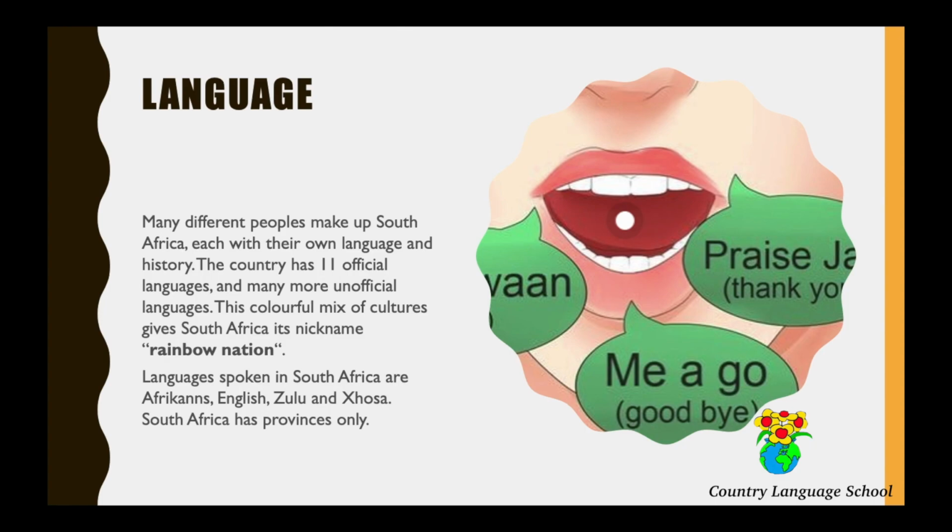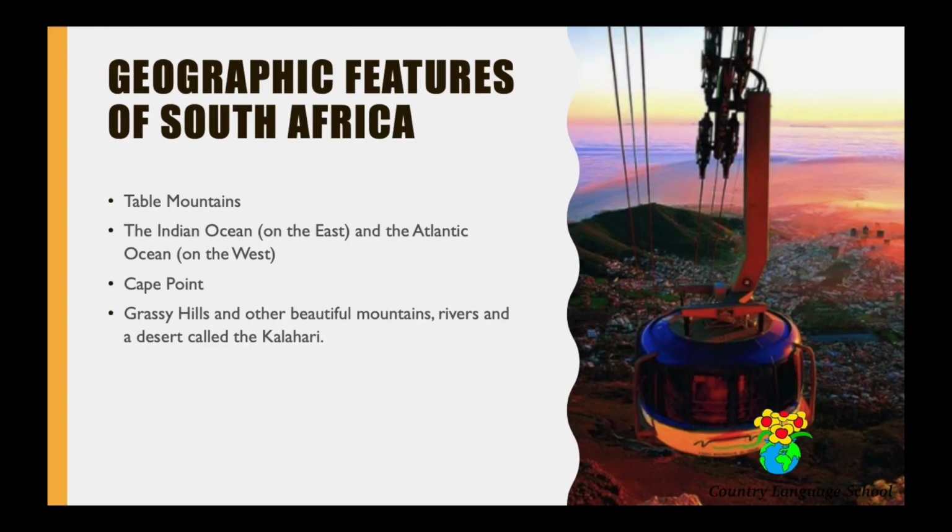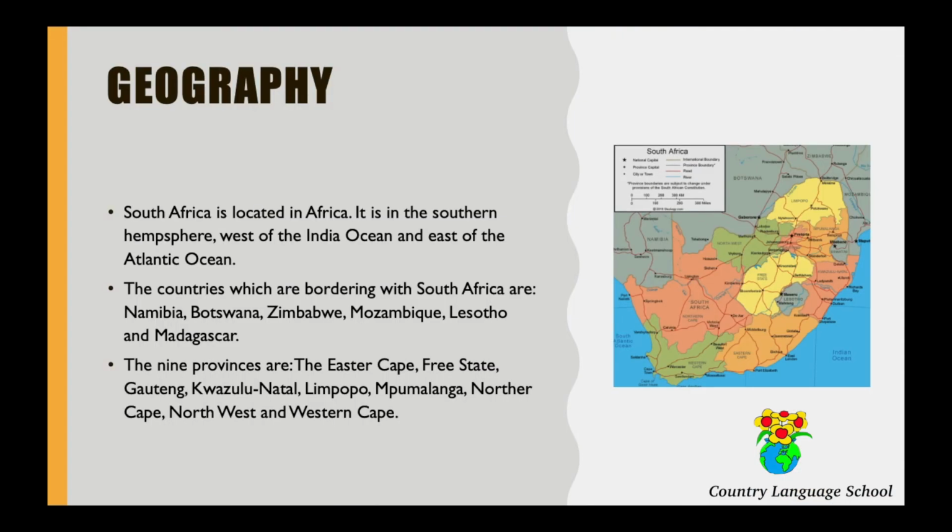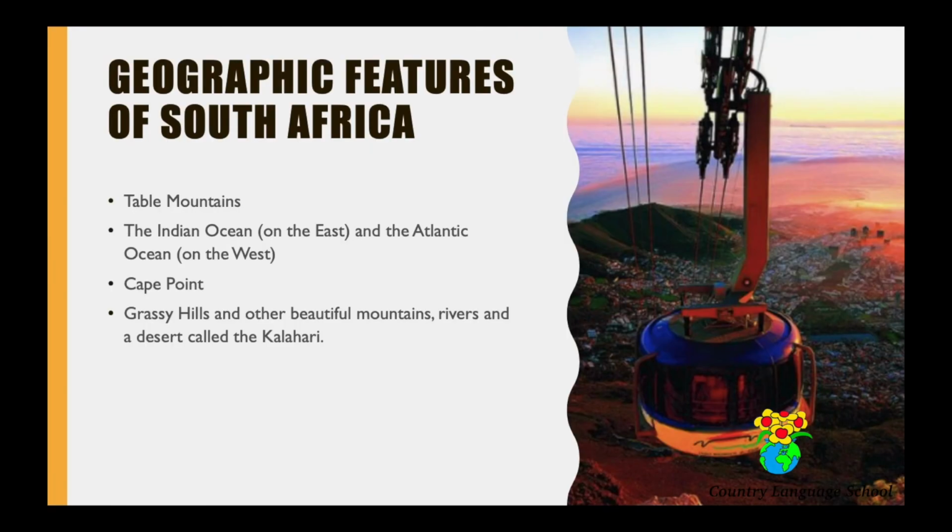Also, South Africa has three capital cities. The powers are distributed between Pretoria, Cape Town, and Bloemfontein. The parliament meets for 6 months in Pretoria and the other half of the year in Cape Town.